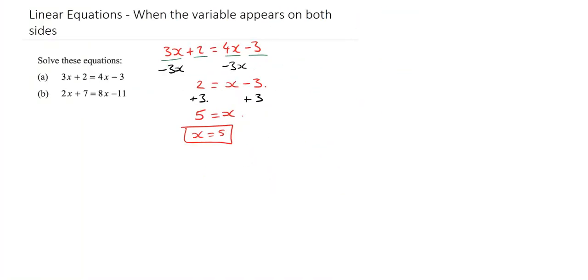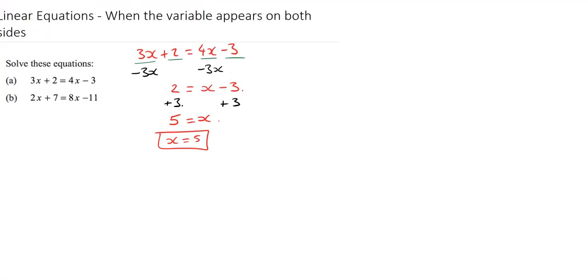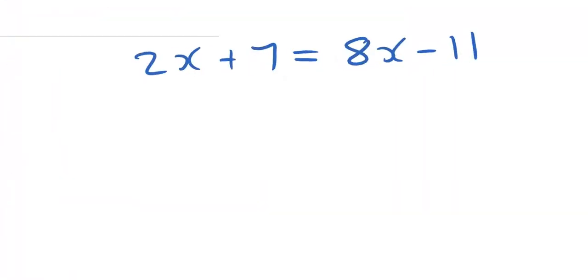Okay, let's try this second equation and see if we can work that one out in a similar kind of way. So we're going to have 2x plus 7 equals 8x minus 11. So this time, let's do the numbers first, just to make it a bit different. So I could either choose to take 7 or add 11, and I'm going to choose to keep things positive.